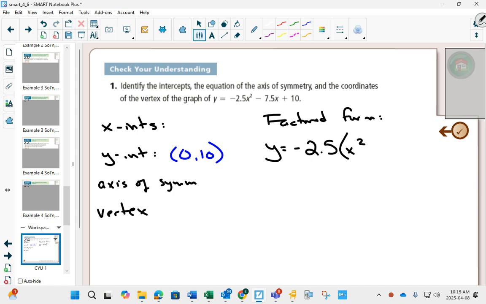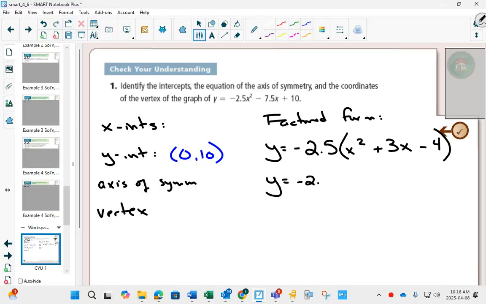How many negative 2.5s are there in 7.5? 3 of them. How many negative 2.5s in 10? 4 of them. Make sure your signs are correct. If I took a negative 2.5 out of a negative 7.5, I get a positive. If I take a negative 2.5 out of a positive 10, I'm going to get a negative.